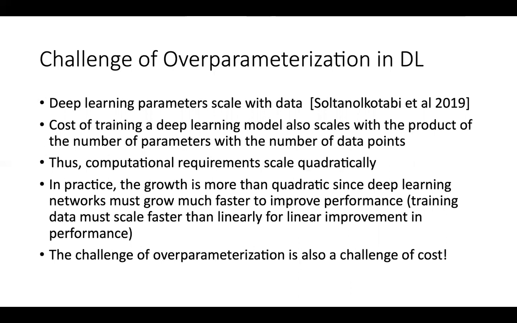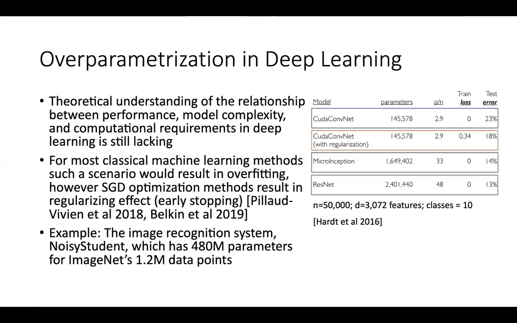It's a product of parameters and number of data points that we are dealing with. The computation requirements ideally are quadratic, but in practice they are much more, because in order to get linear improvement in performance, you actually need data which scales much faster than linearly. So that is a problem of cost.